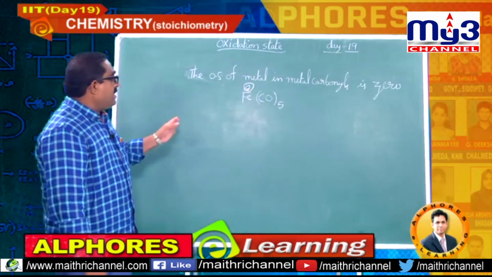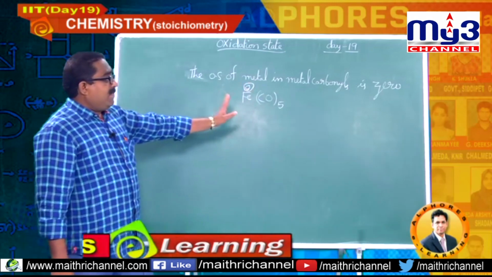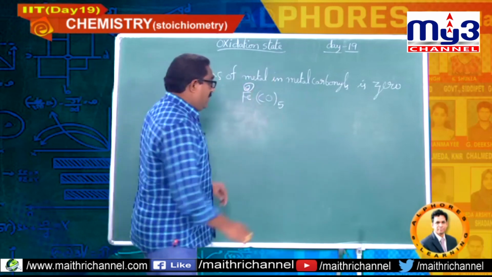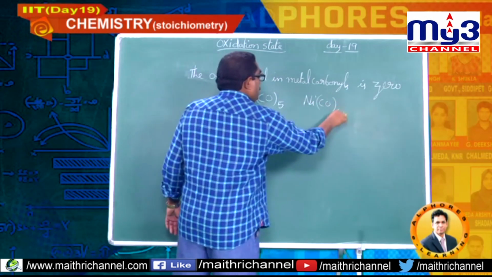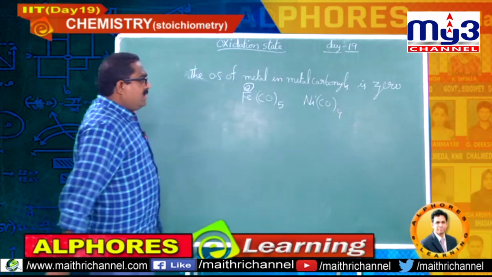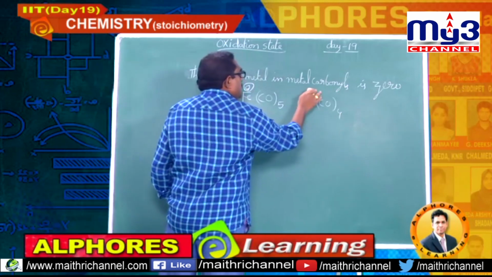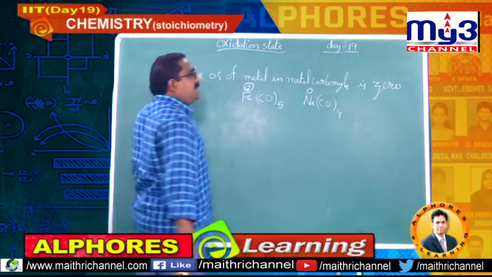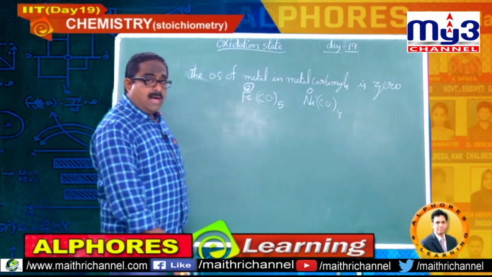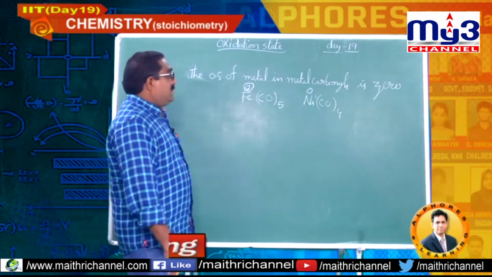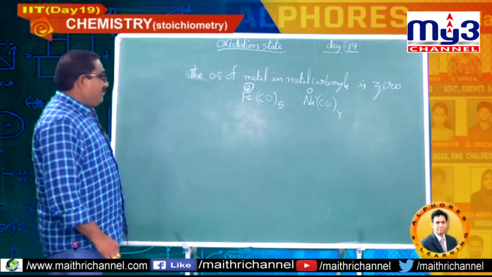That is why I have written the oxidation state of metal in metal carbonyls is 0. Nickel tetracarbonyl, there also there is no charge for carbon monoxide and no charge for nickel. So you can assign 0 oxidation state for nickel in nickel tetracarbonyl. Note down, students.